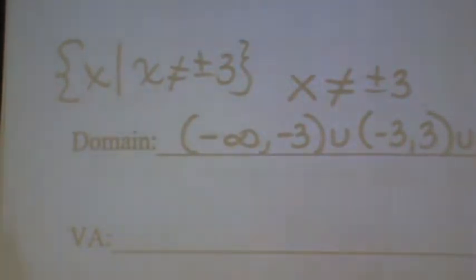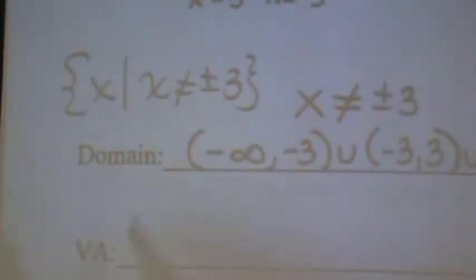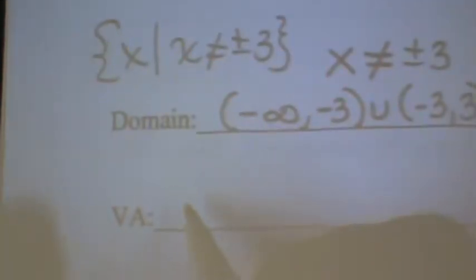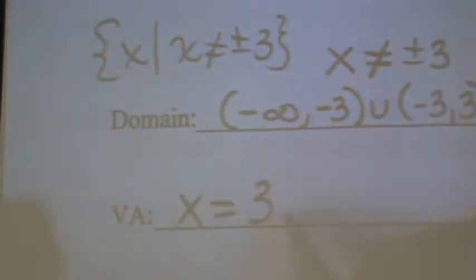Now, VA stands for vertical asymptote. We're going to start here. What is the vertical asymptote? It's an imaginary line that we will draw with a broken line. It is where the denominator is set equal to 0. So while we're at finding the domain, you set this equal to 0, and you say x equals 3 and negative 3.